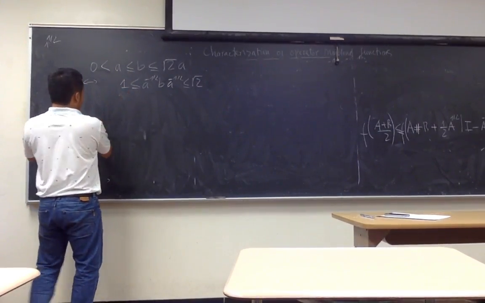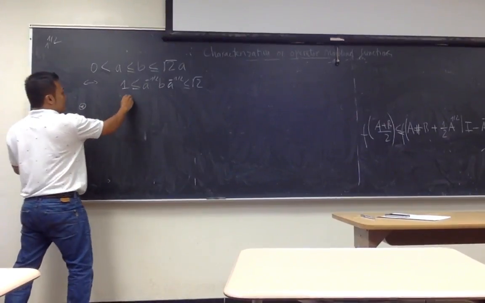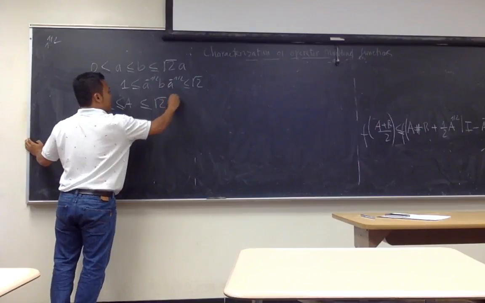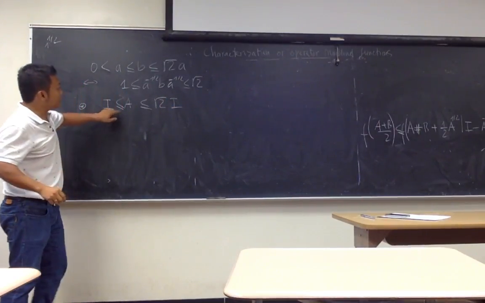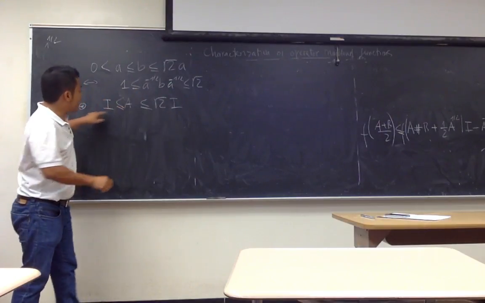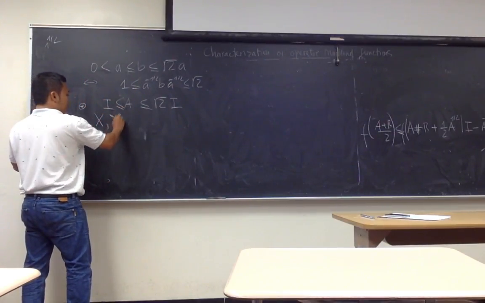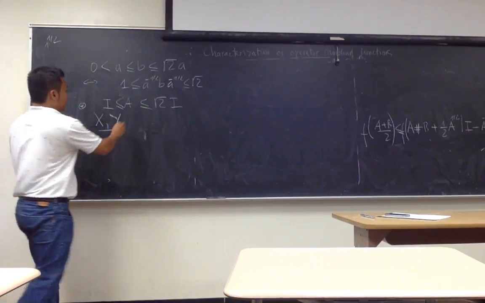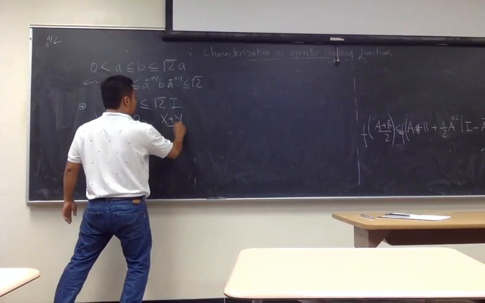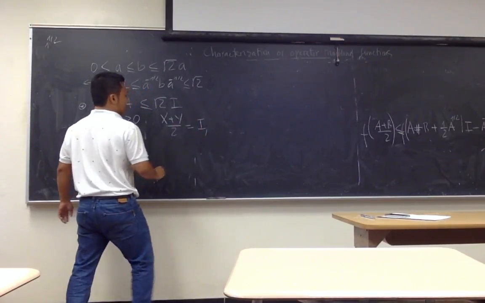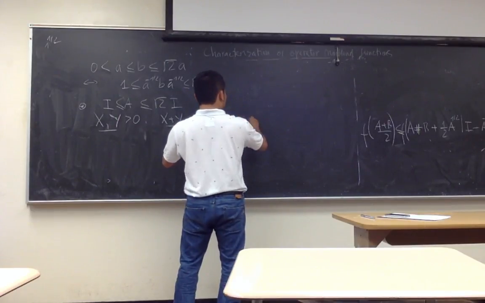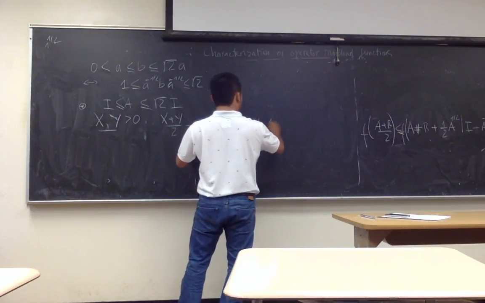So I will show that for any matrix A between 1 and square root of 2, for any matrix A in this interval, I can find x, y greater than 0 such that (x+y)/2 equals 1 and A equals x^(1/2) times (1 minus x^(-1/2) y x^(-1/2)) times x^(1/2), roughly, with y plus 1.5.